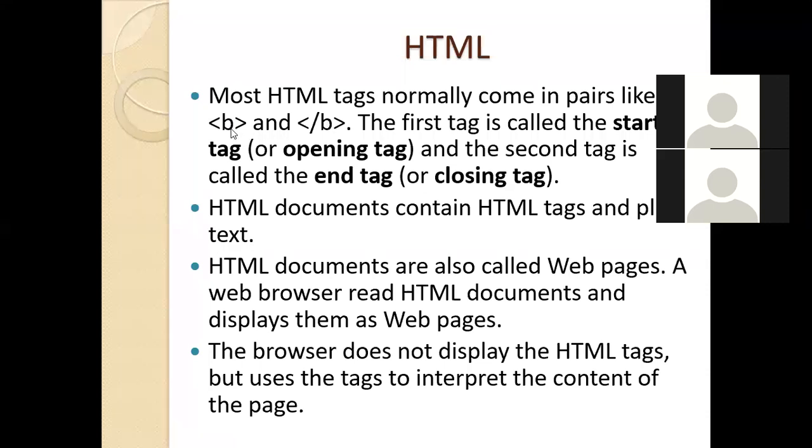So this means you will have an open and a closing tag. This you refer to as the paired tag. Okay, HTML document, when you observe, you will find some HTML tags, some plain text in the form of headings, text, paragraph like this.